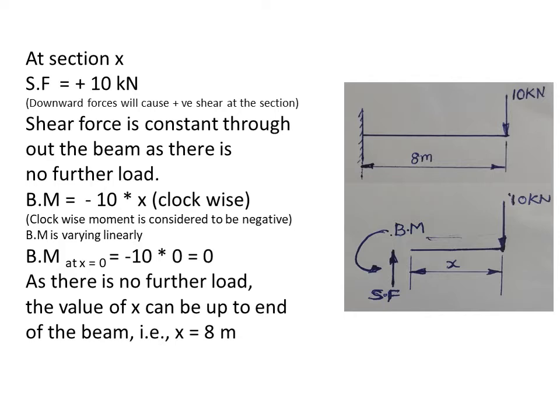As there is no further load, the value of x can be up to the end of the beam. That is, x is equal to 8 meters. Bending moment at x equal to 8 meters is equal to minus 10 into 8, which is minus 80 kilonewton meter.